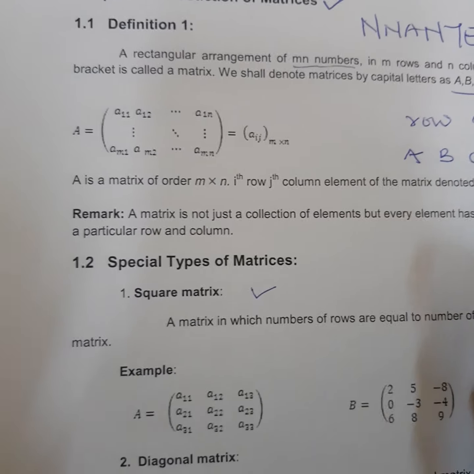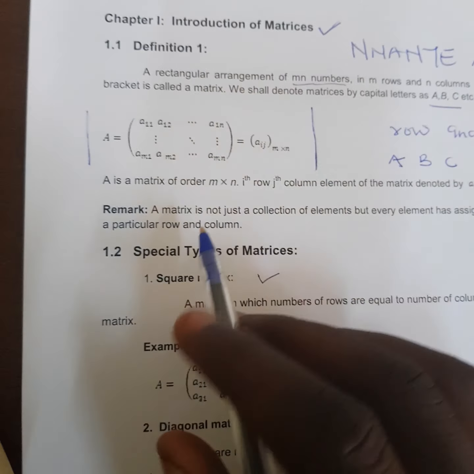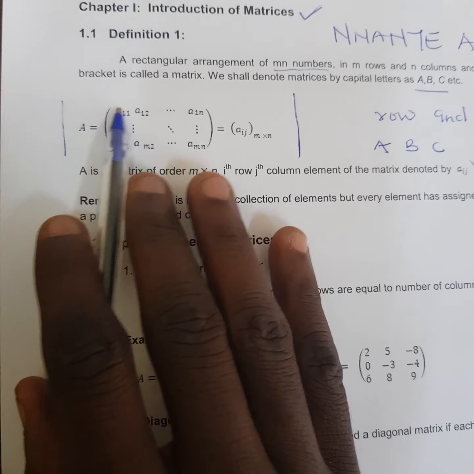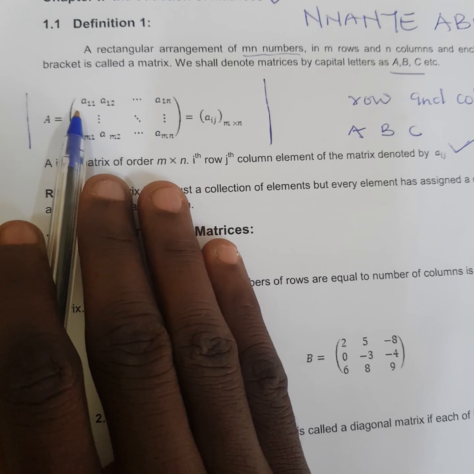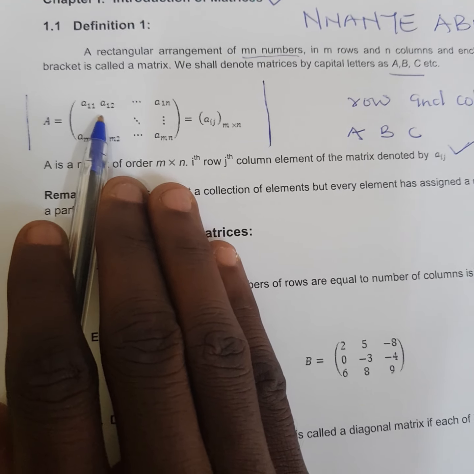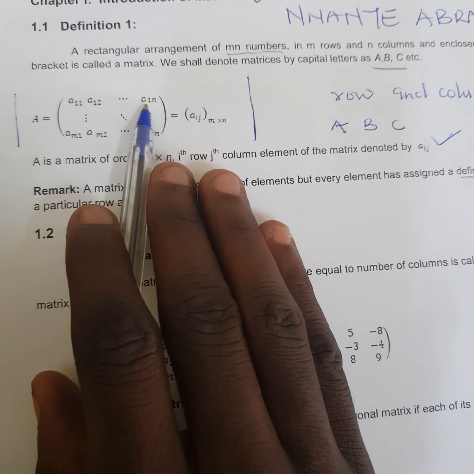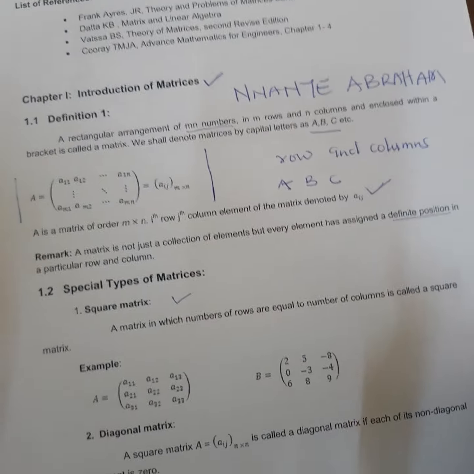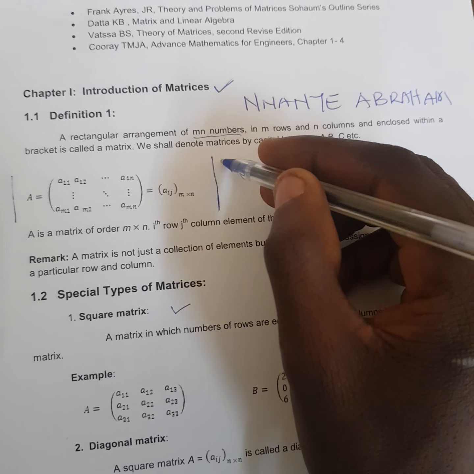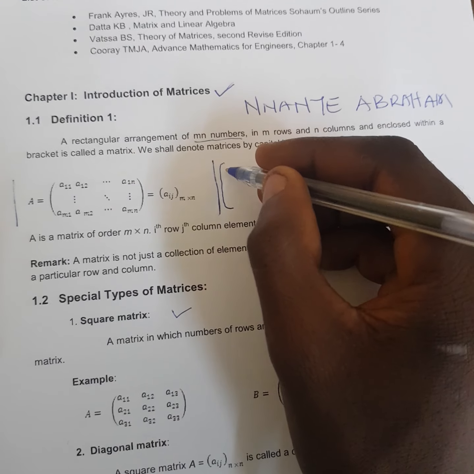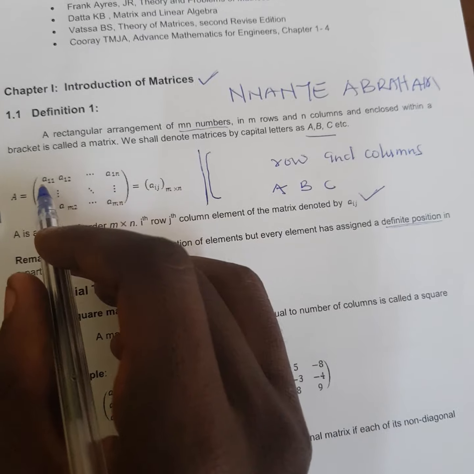So this is one example of a matrix. You realize that we have assigned the whole matrix here to A. Then we have A11, A12, up to A1n.